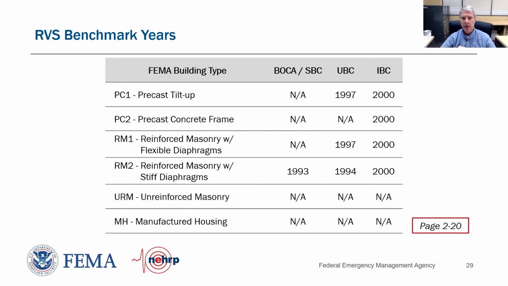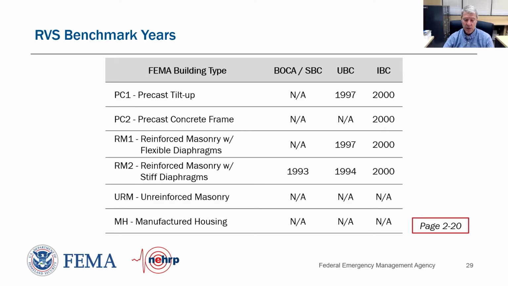So the table reflects the 17 building types and then a date associated with each of the building codes for that building type. Some of them have not applicable, which means if you're designed, for instance, PC2, precast concrete frames, if you have a building that has been designed under the BOCA or Standard Building Code at the time it was constructed, then post benchmark years are not applicable.